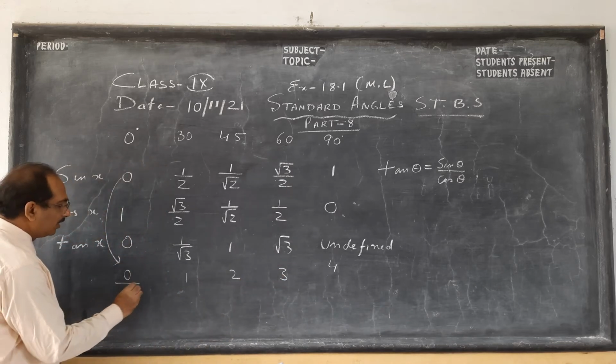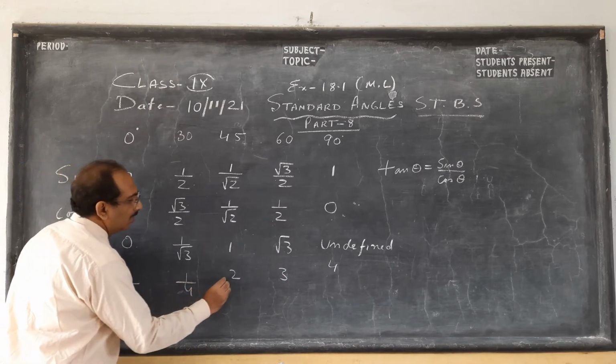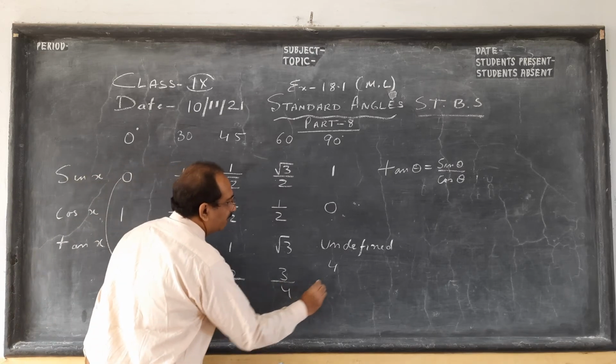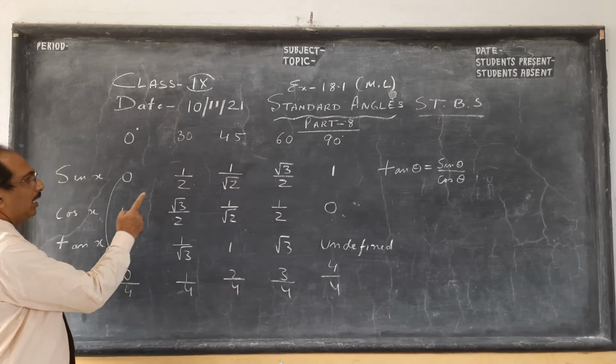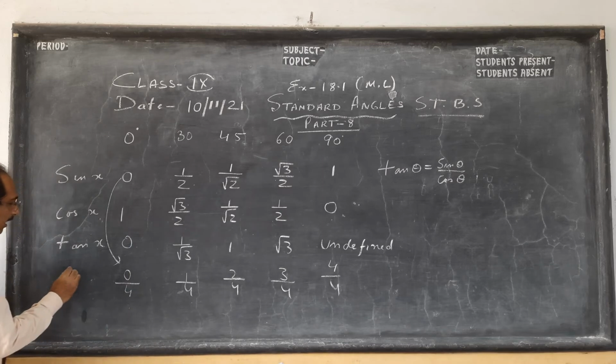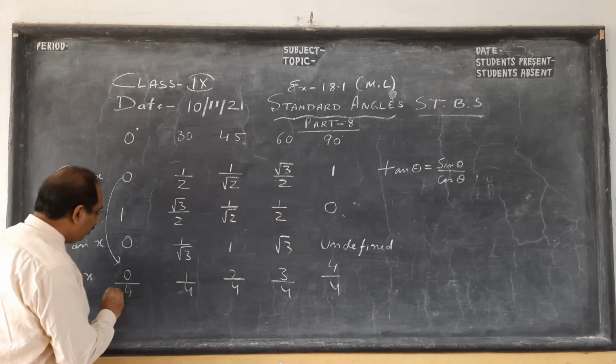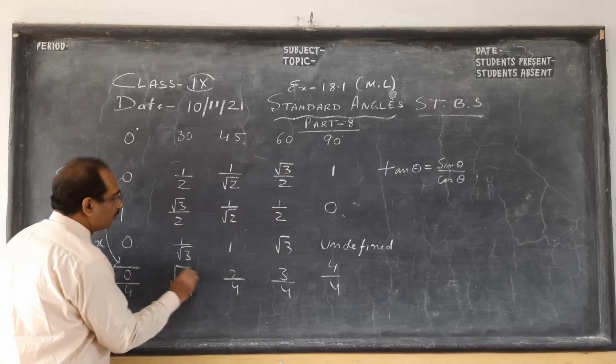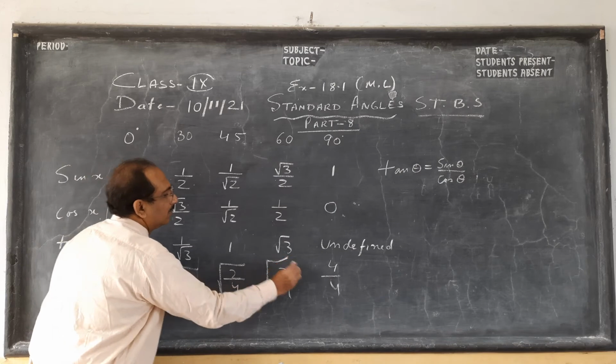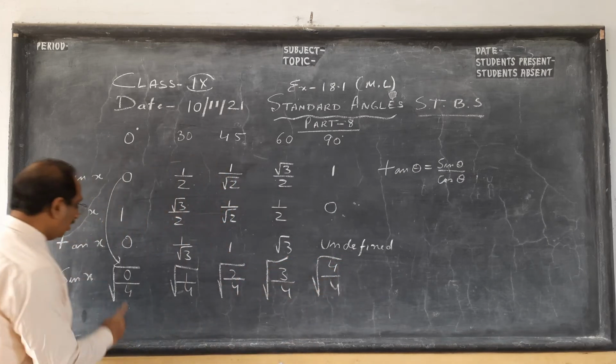We divide all of these by 4, and take the positive square root, and see what we get.